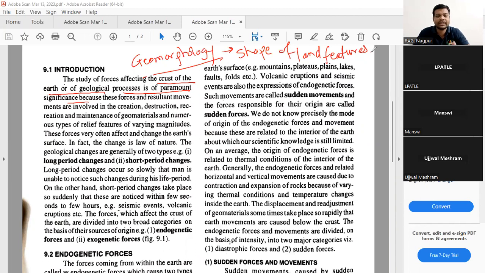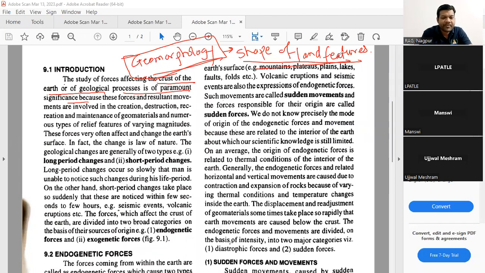How the land features have taken shape, how the land features are developed, what is the ultimate fate of the features present on the land, right? So it is of utmost importance for us to know with which processes or due to which forces these shapes of landforms have been formed, right?